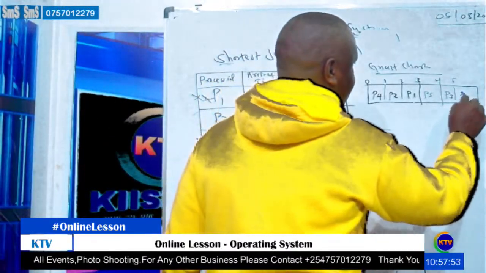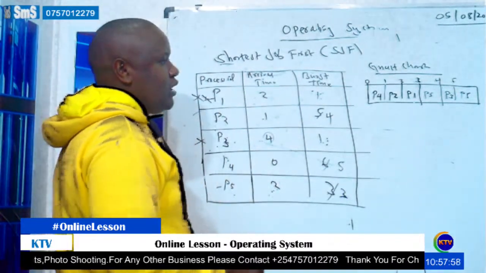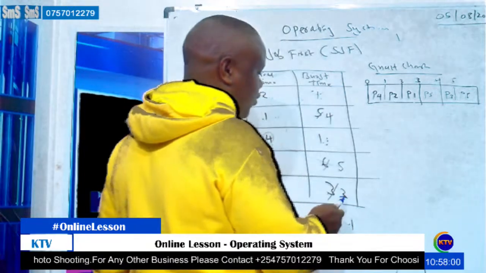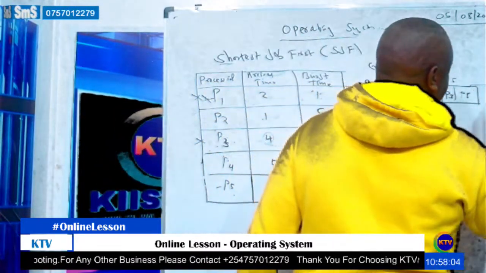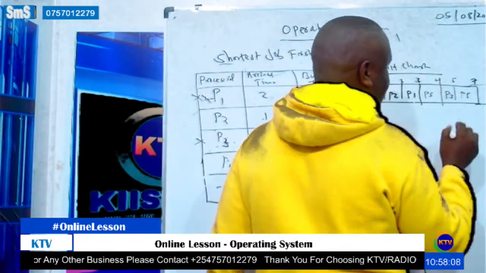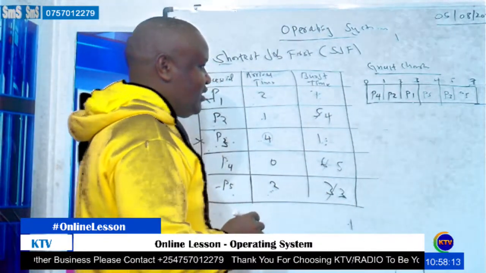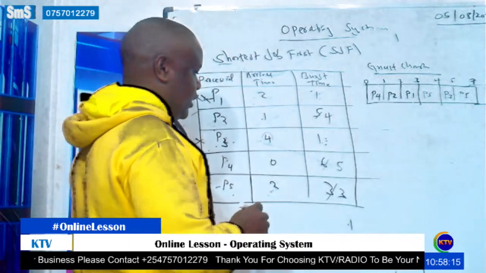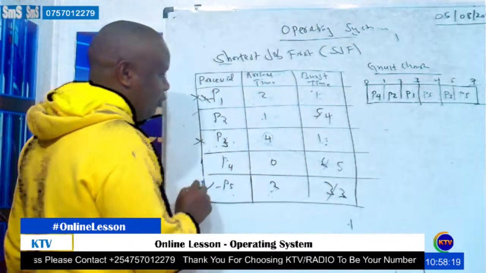Process 5 will be allowed in, which will take the remaining time, which is 2 plus 5, 7. Another one will be allowed. So at this time, this one will complete.